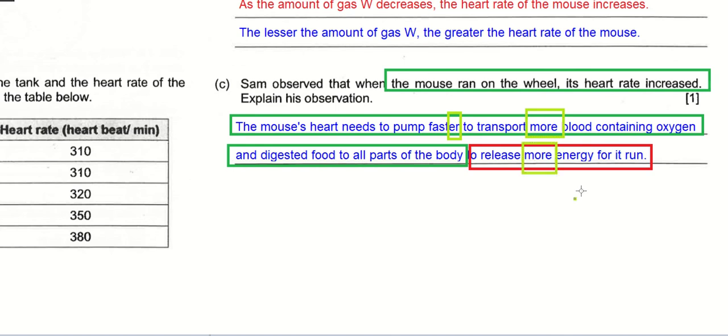So you can see the claim is in there. For the compare, you use the comparing words. You use the evidence, the scientific fact that we know. And then you answer why, the reason: to release more energy for it to run.